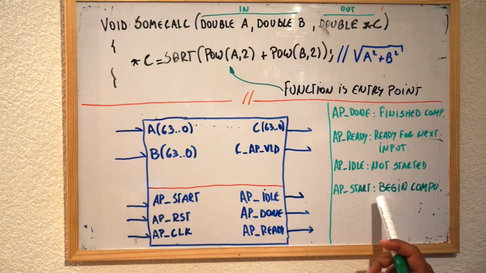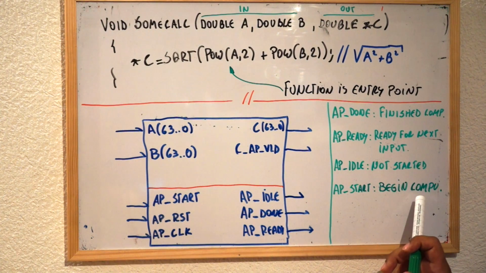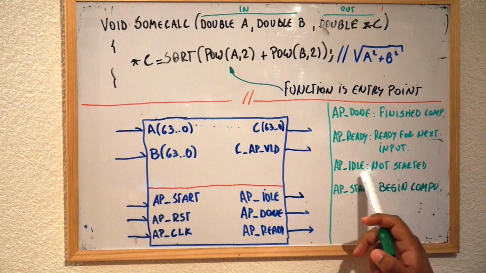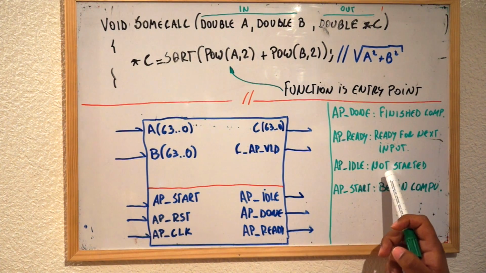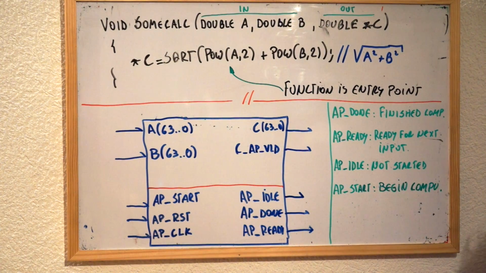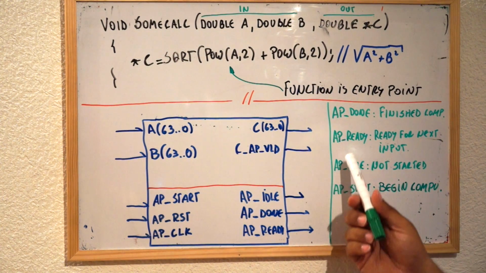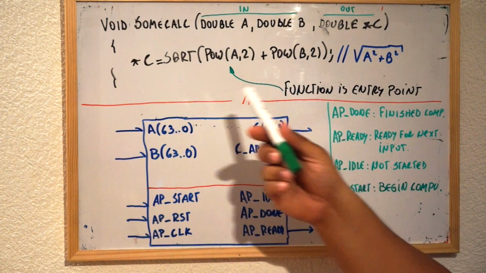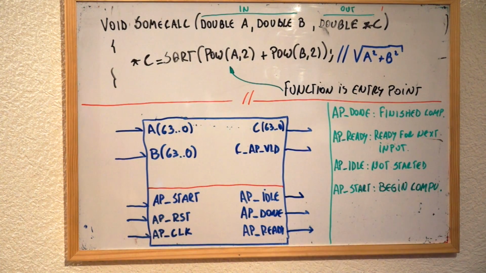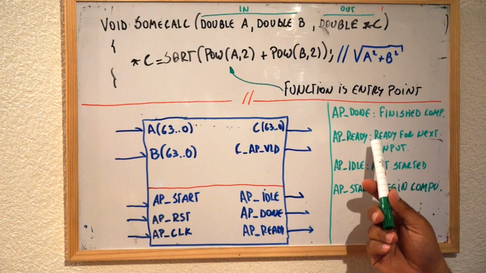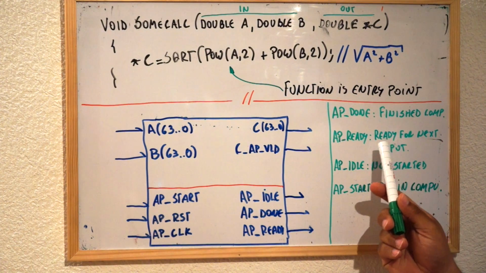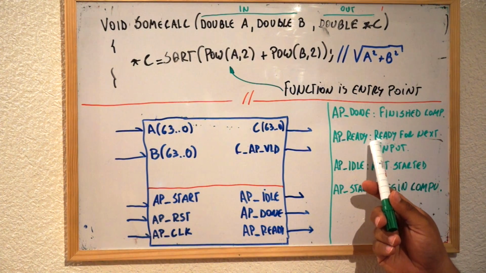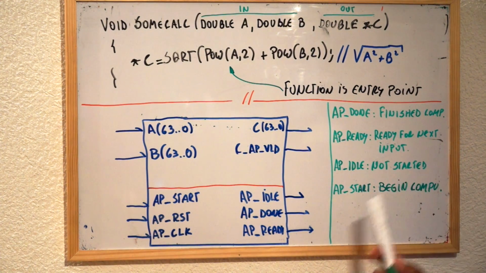ap_start is going to be asserted when you want to begin the computation. ap_idle is an output, it just says that the computation has not been started yet. ap_ready can appear if your circuit has a pipeline, which is something that you're going to learn in the future. It just indicates that the core is ready to receive another input.